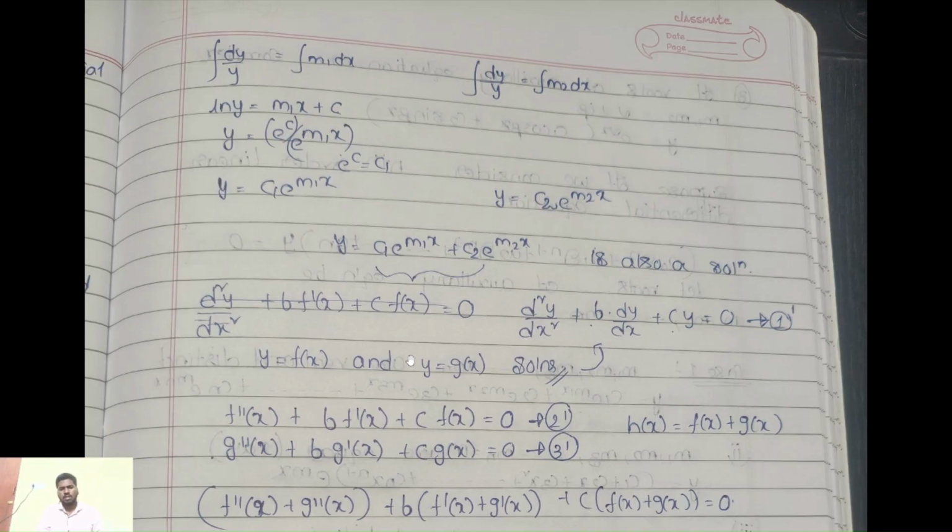Say y equal to f of x and g of x are solutions. If f of x and g of x are solutions, we can replace y by f of x once, and a second time replace y by g of x.